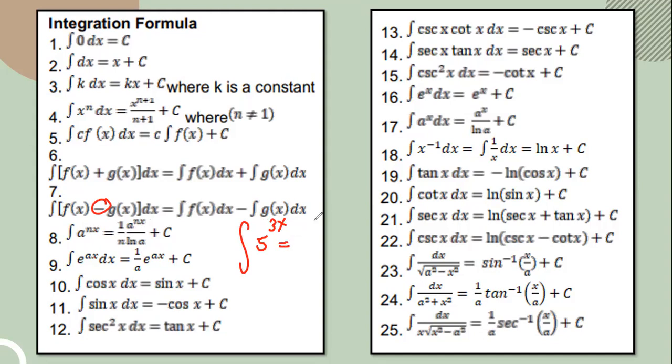Ang answer niyan ay 1 over n, that will be the exponent, 3, yung kasama ni x, ln of 5. And then just copy the function, 5 raised to x, multiply to 5 raised to 3x plus c. And that will be our final answer.